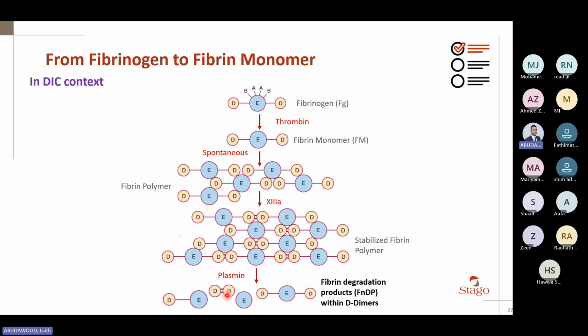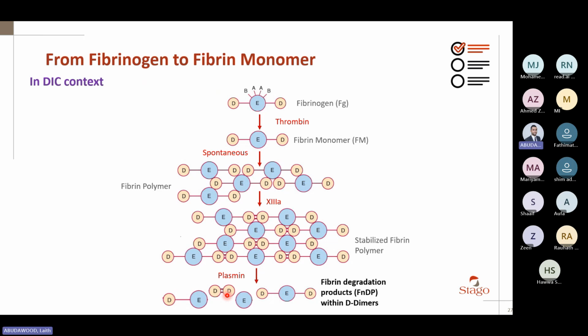So disseminated intravascular coagulation is a pathological state where your body starts to form clots basically all over, which is definitely not a normal scenario. You don't want your blood to start to clot all over, because if your blood clots all over, then definitely at some point that will cause you a lot of problems. Actually, DIC can develop so badly and so rapidly that a lot of people die because of DIC.